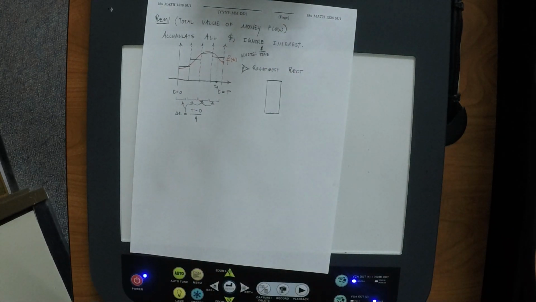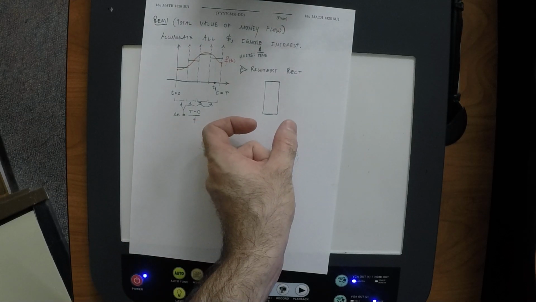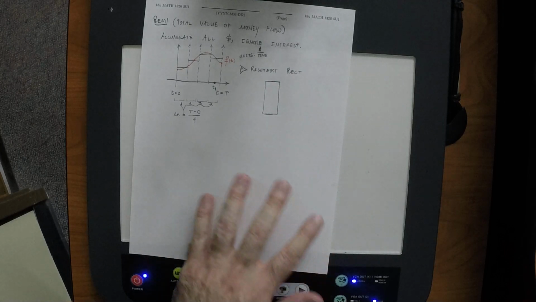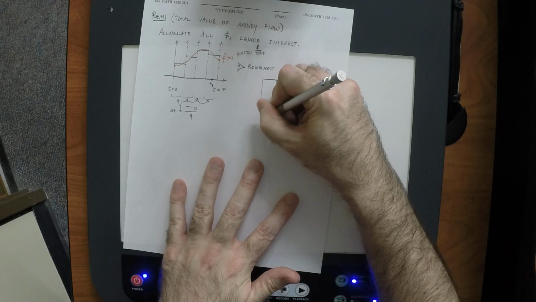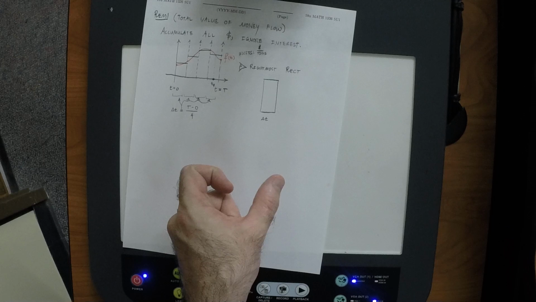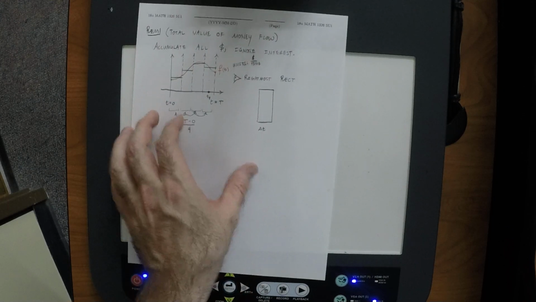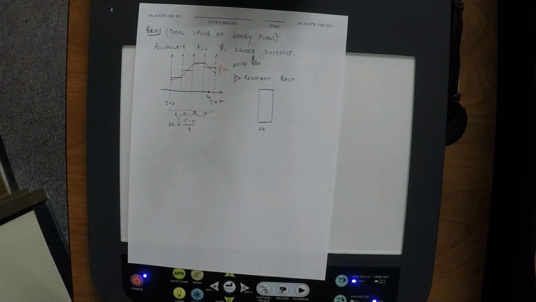All right, so in the first place, what's the measurement of the base of the rightmost rectangle? Well, it's delta t, right? And what are the units of delta t? Well, delta t itself is just a unit of time, right?